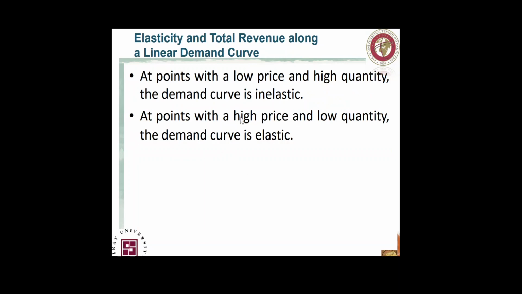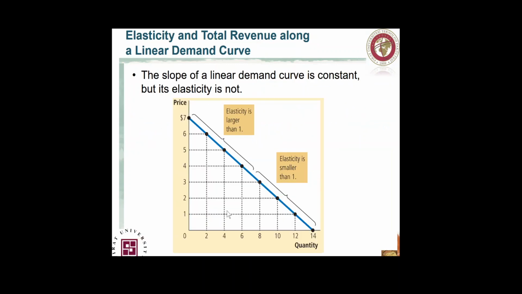At points with high price and low quantity, the demand curve is elastic. Now look at this. With high prices and low quantities, the elasticity is already large, greater than 1, and people are ready to abandon whatever quantities they are demanding, or they reduce them already.